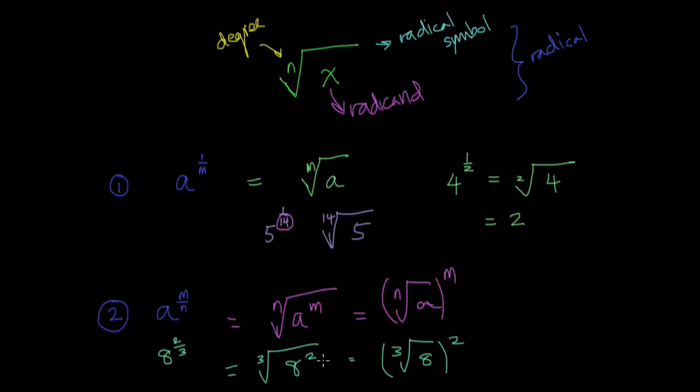Finding the cube root of 64 is harder than finding the cube root of 8. The cube root of 8 is simply 2. And then raising that to the second power gives us 4. So in this case, you see that this form of the law is much easier. Depending on the case, you want to use one or the other. But you need to know that both of them are exactly the same. They're telling you the same thing.